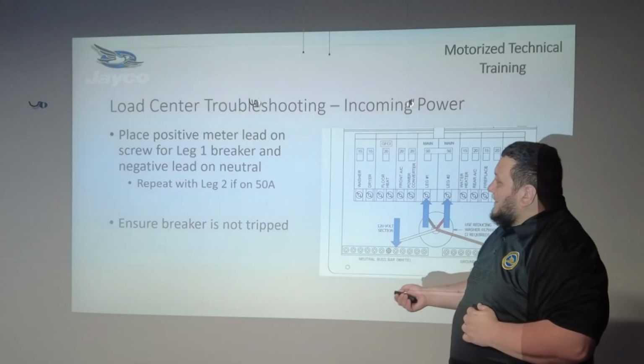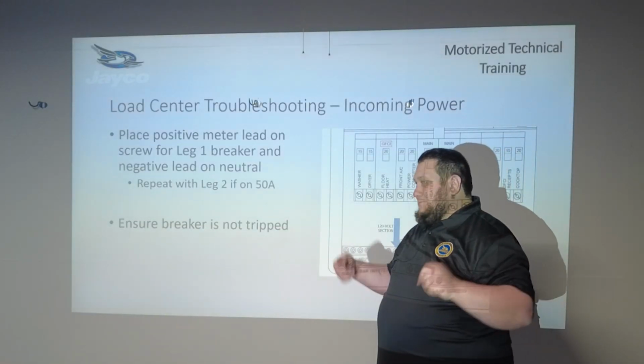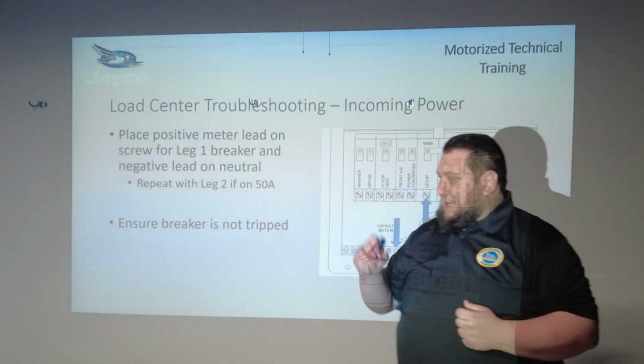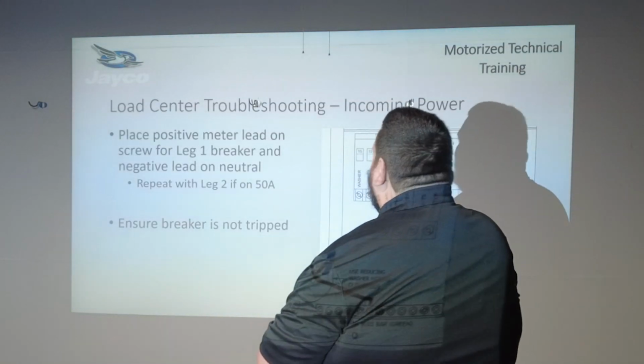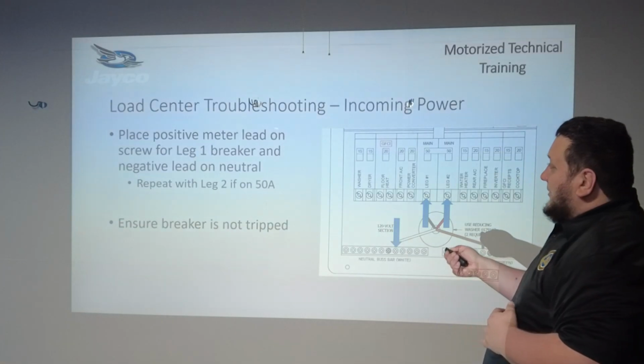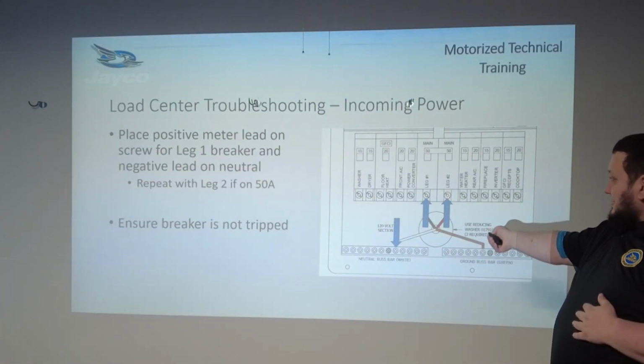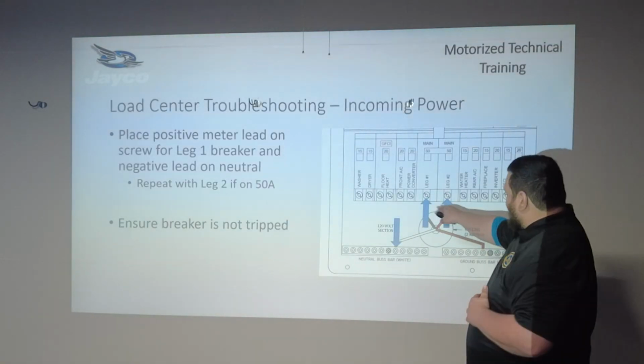After we've reset our breakers and we're still not having correct function, we're going to take our multimeter. You've got a little multimeter there in front of you. We're going to put our positive lead on the screw right down here for leg 1 or leg 2, doesn't really matter.